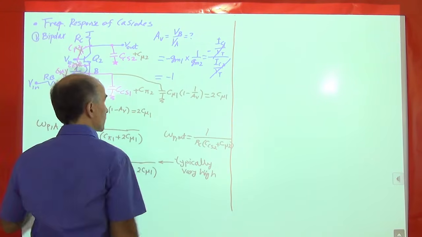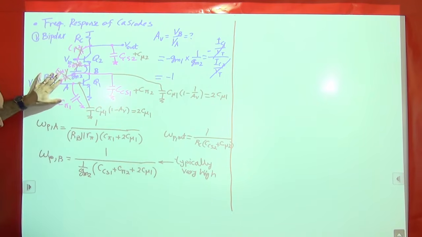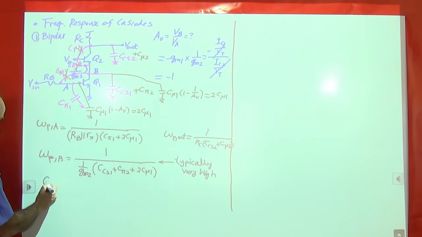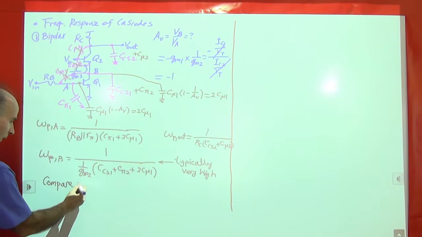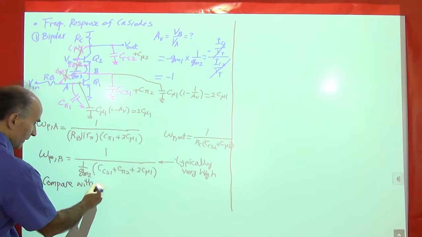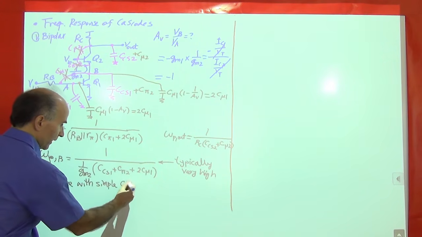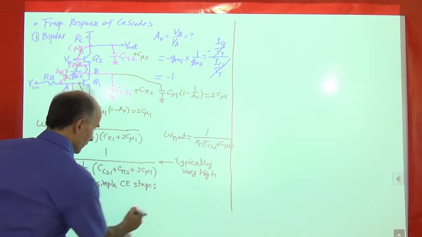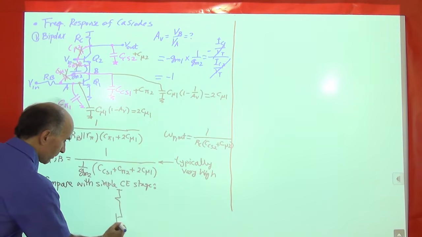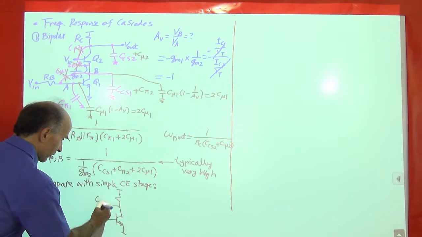By the way, I also wanted to emphasize that, before we go to the MOS version, compare with a simple common emitter stage. So we see that here the Miller multiplication of C mu is much higher, right?